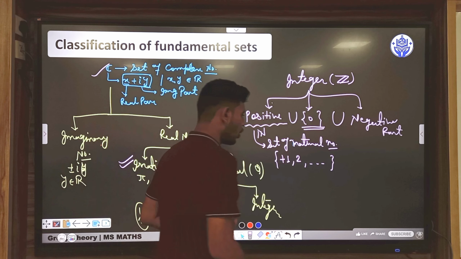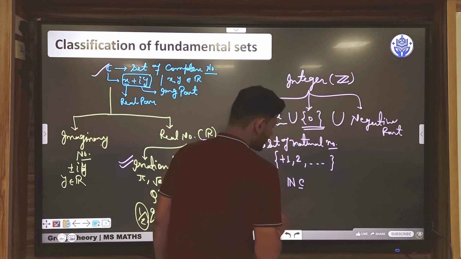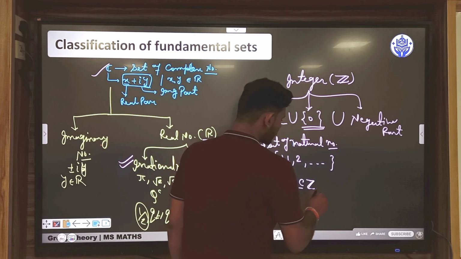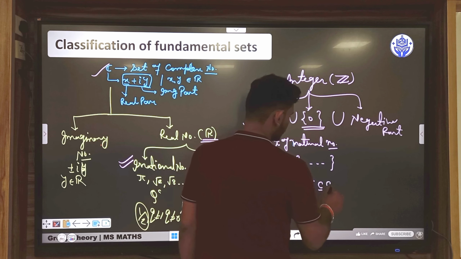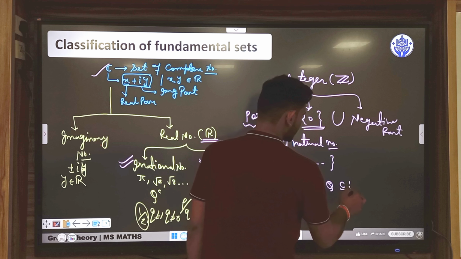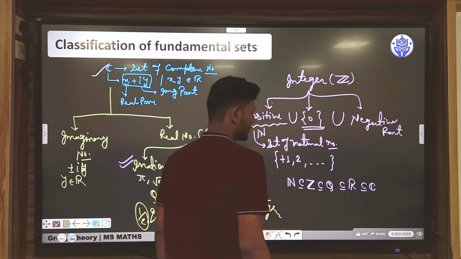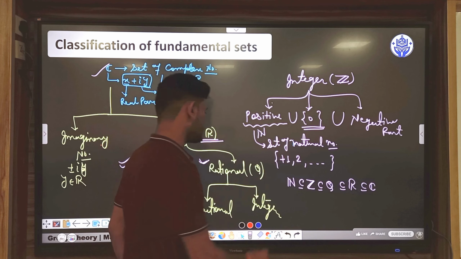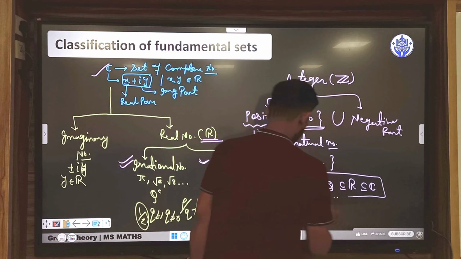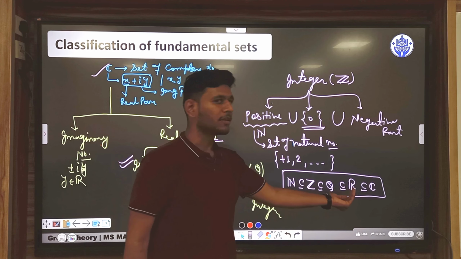So if I write the order, first the natural numbers, which are a subset of the integers, which are a subset of Q, the rational numbers, which are a subset of the real numbers, which are also a subset of the complex numbers. This is the order of sets, in increasing order of cardinality.